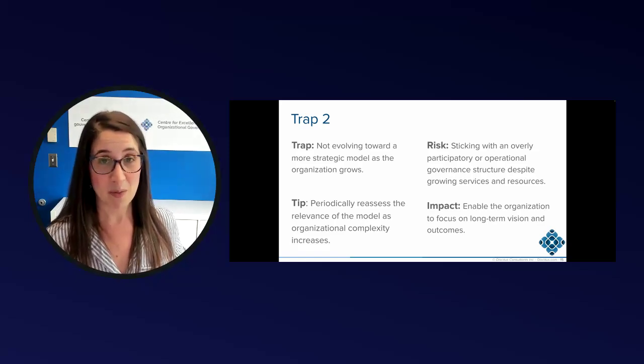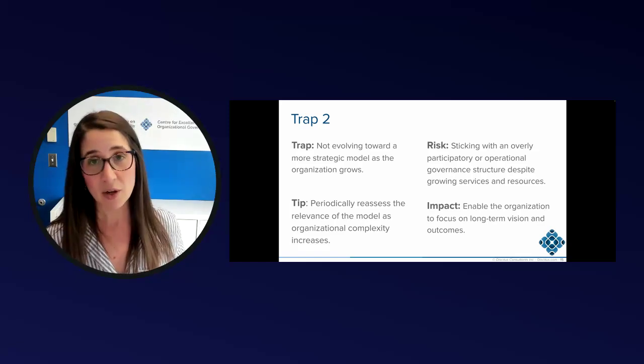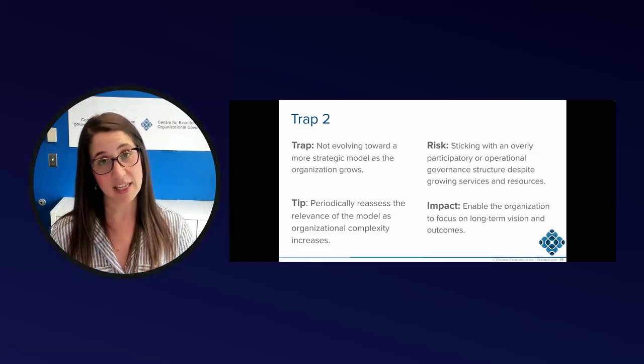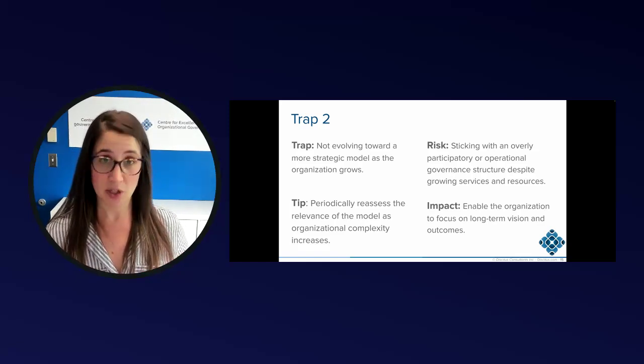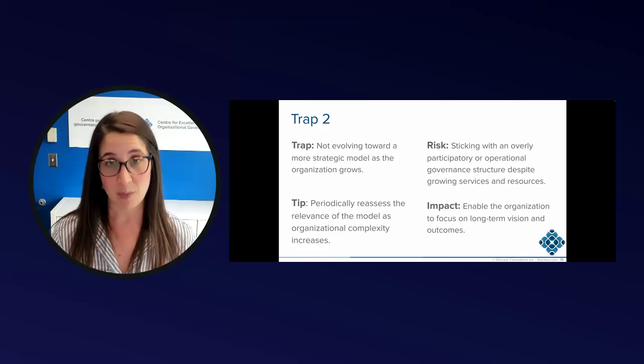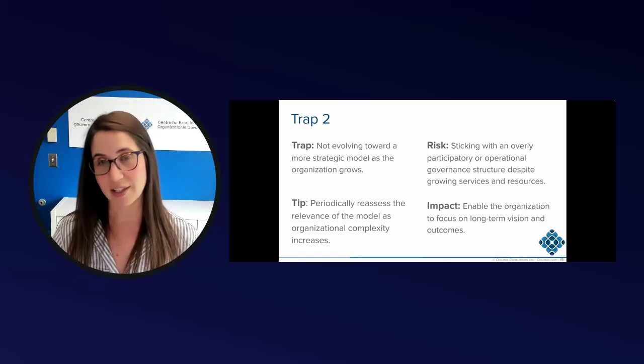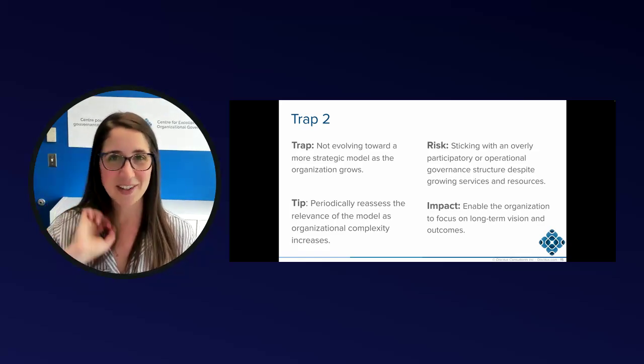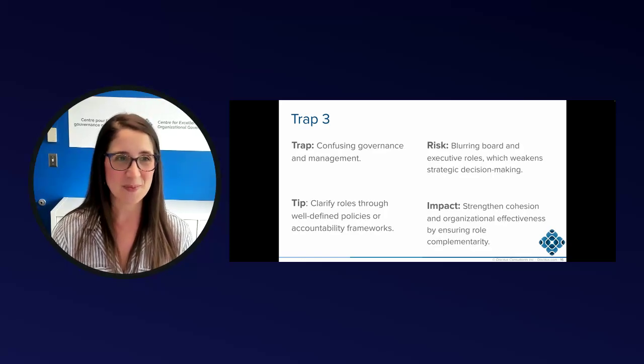So you have a board that's focused on oversight, monitoring of the executive director's work, a strategic board, rather than having an operational board who's constantly overstepping on the executive director's roles and responsibilities.